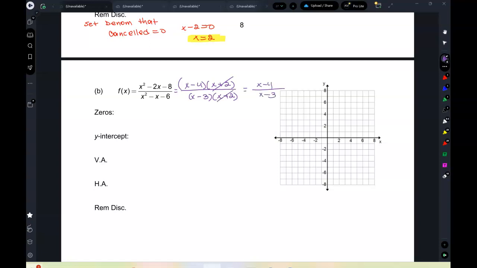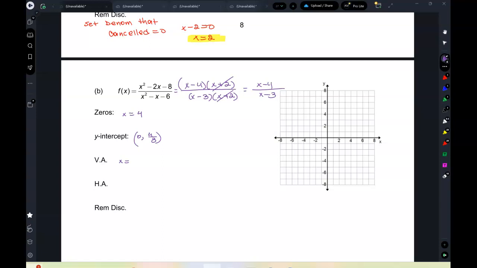Okay, so the zeros, it'll be x equals what? 4. What would the y-intercept be? No, 4 over 3. Good. What's the vertical asymptote? No, you go to the final function, you put 0 in here. 0 minus 4 over 0 minus 3.